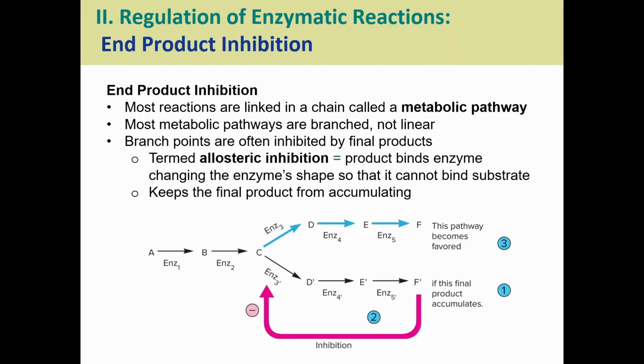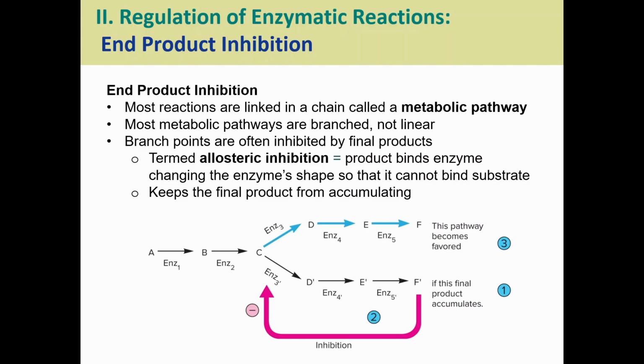So the final product kind of serves as an off signal. Once we get enough of it, it binds to one of the enzymes in the earlier part of the chain, and that turns that enzyme off. We call this allosteric inhibition because there is a product that is binding to an enzyme that changes the shape so that we've changed the active site.